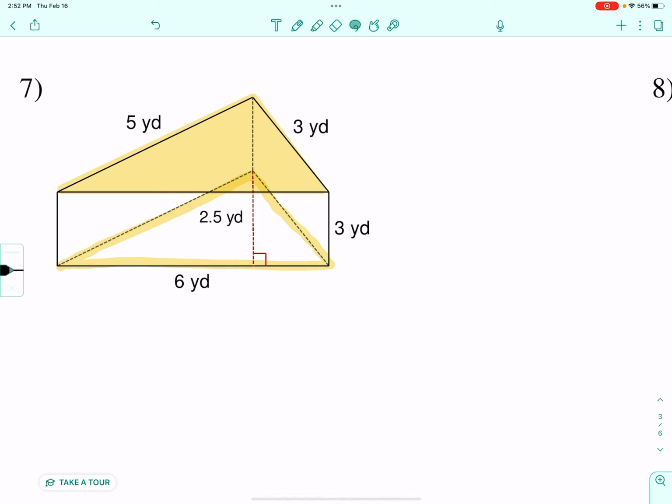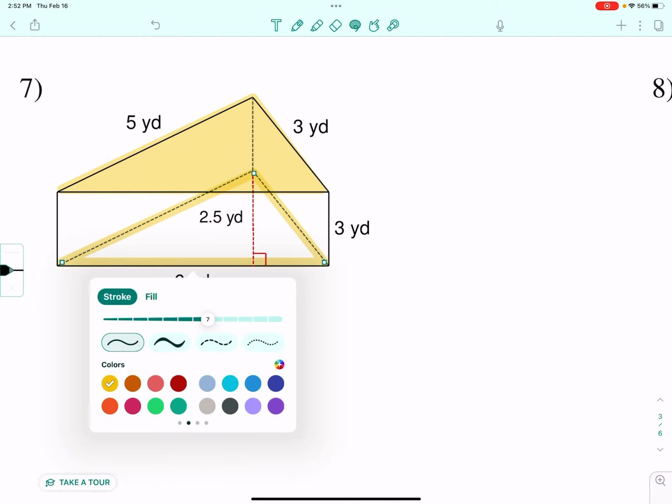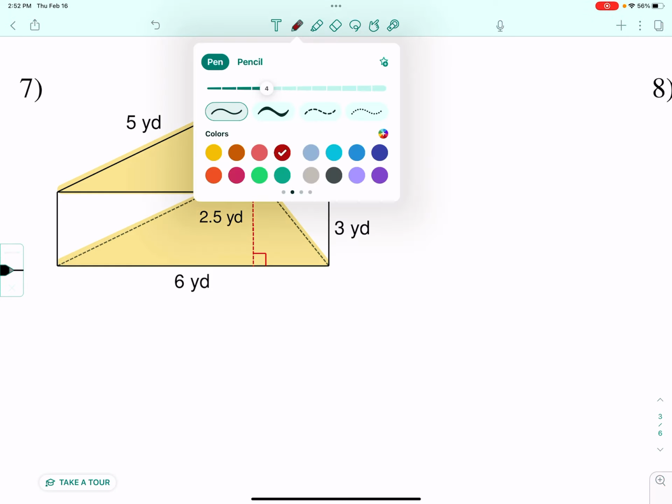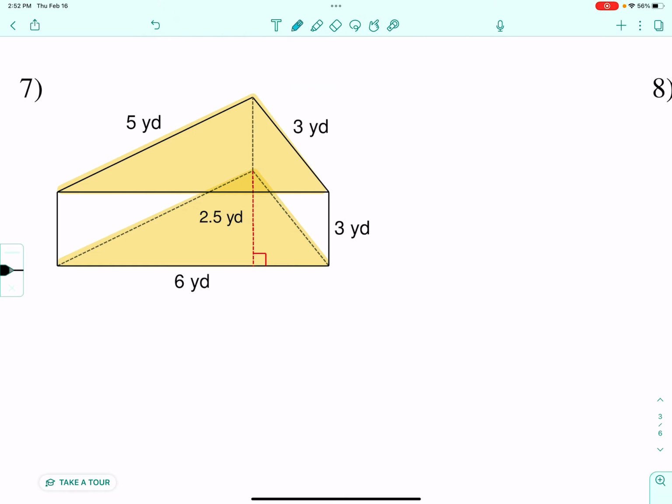They are parallel, meaning they do not intersect each other, even though it sort of appears that they do. Remember, we're talking 3D. So those are my bases. I know the distance between my bases, my little h, is going to be 3 yards.